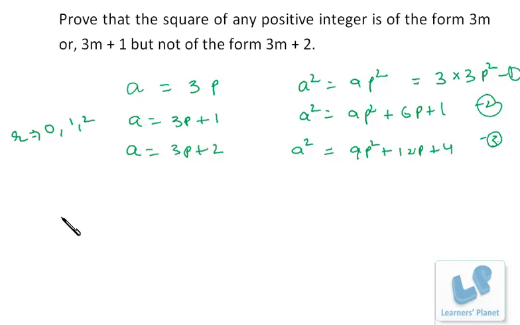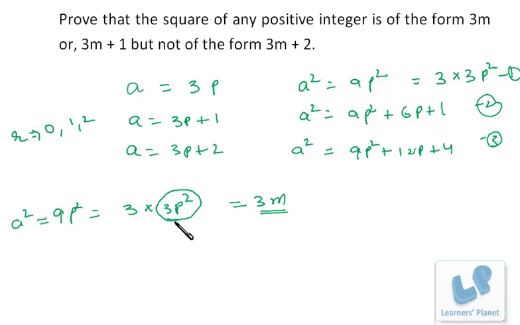So the first case is 9p square. So that can be written as 3 into 3p square, right? So I assume 3p square to be any other integer, say m, right? So it's 3m, right? So a square can be written as 3m, right?